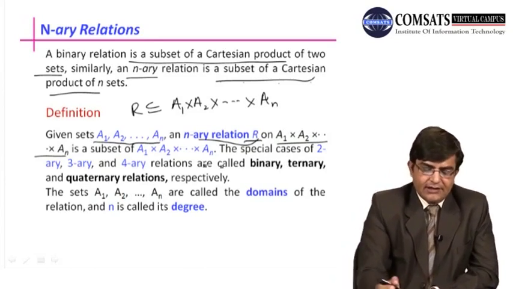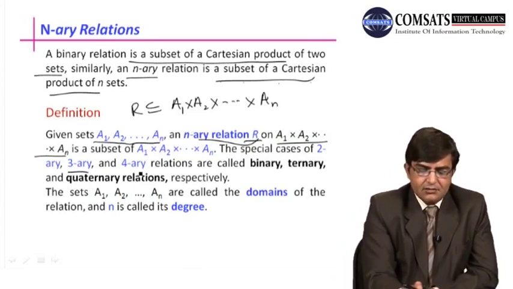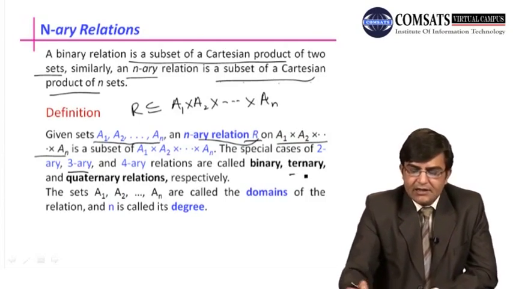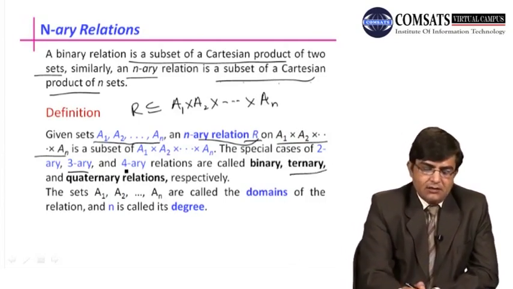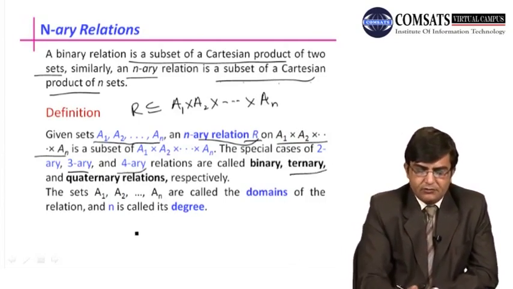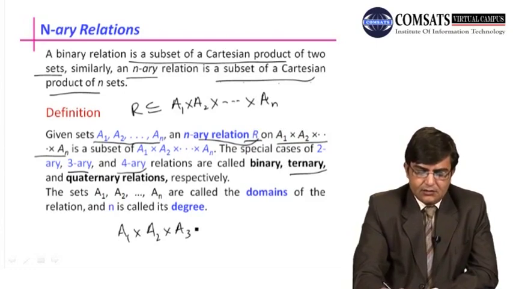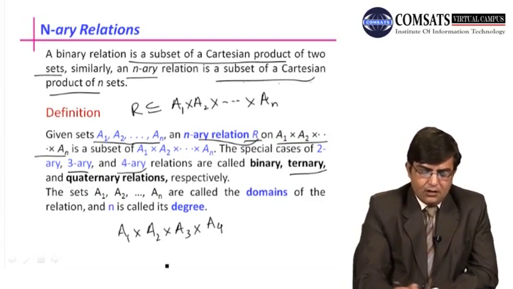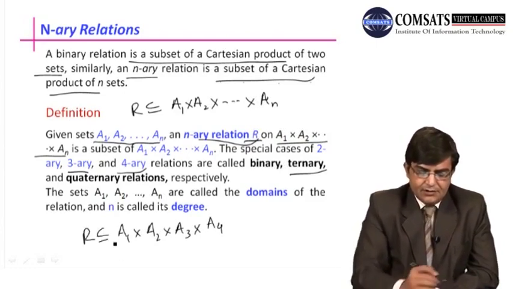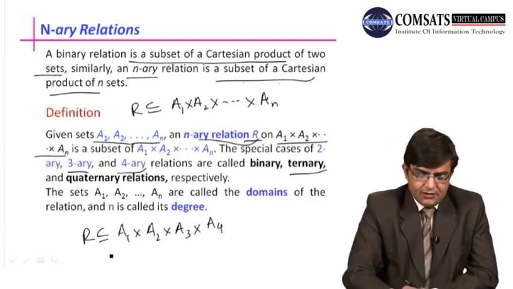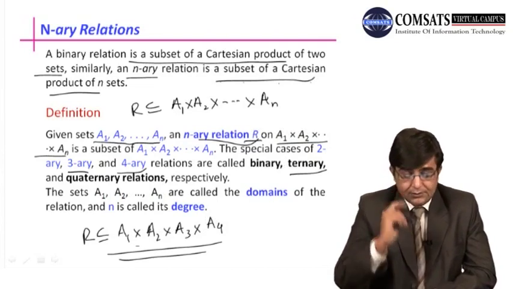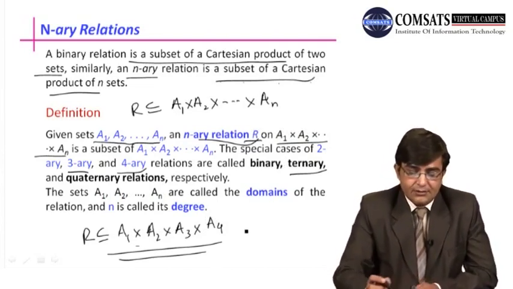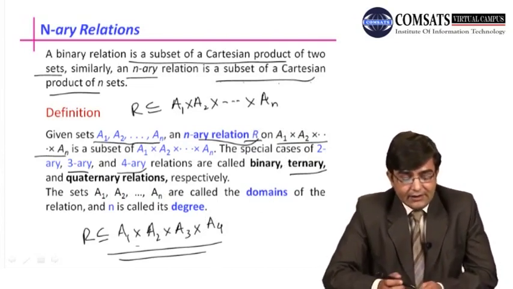If n is 3, we get the 3-ary relation or ternary relation, we can say. If n is 4, for example, we have 4 sets, then we can define A1 cross A2 cross A3 cross A4. Now the relation which is basically the subset of the Cartesian product of these 4 sets is called quaternary relation.